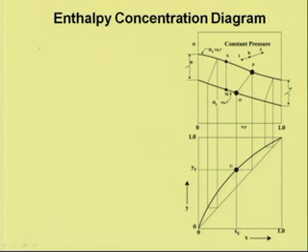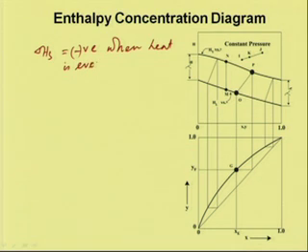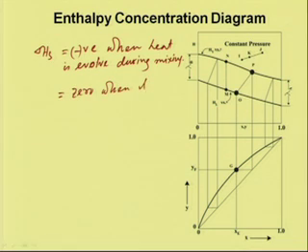Now, delta HS will be negative when heat is evolved during mixing, and the value will be 0 when it is an ideal solution.